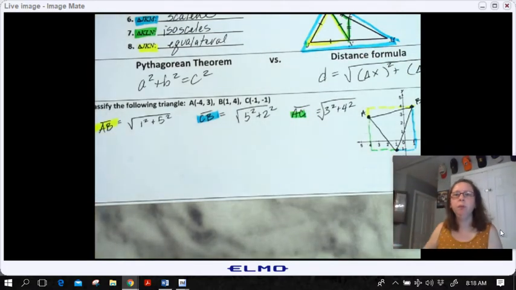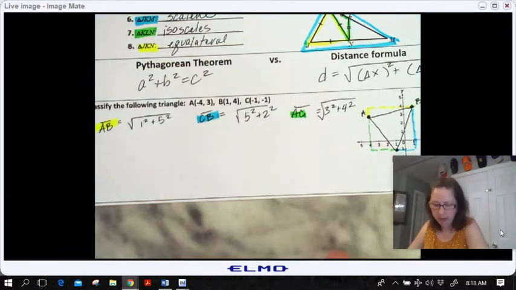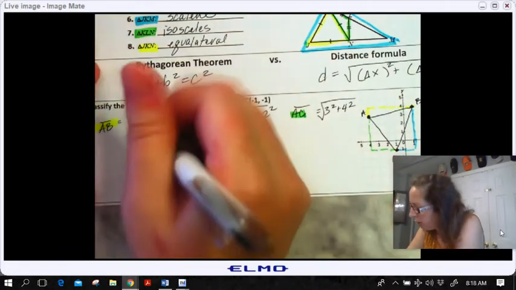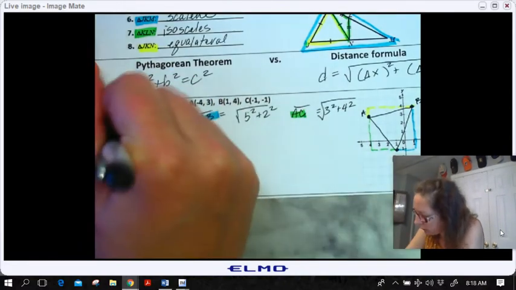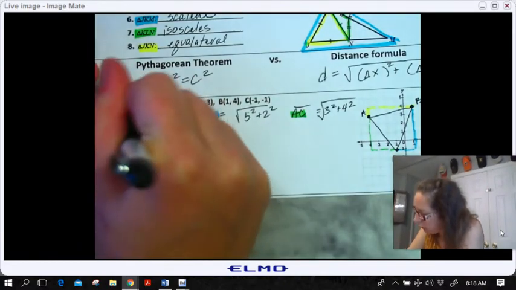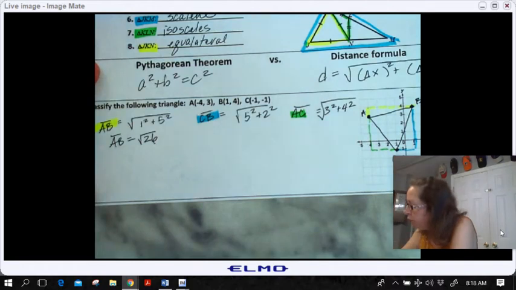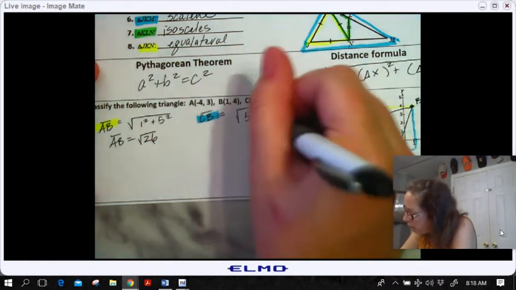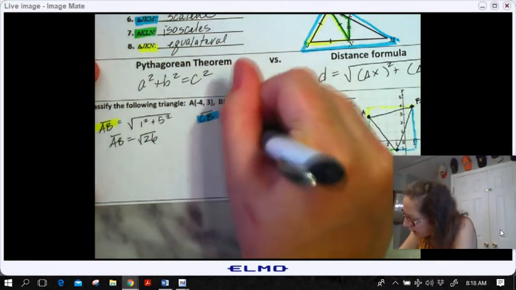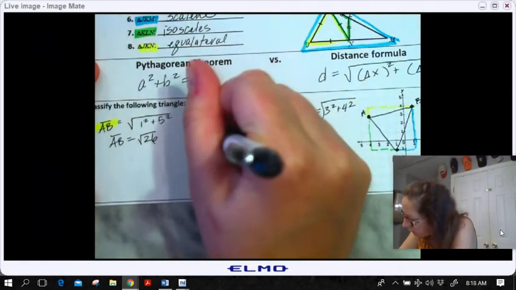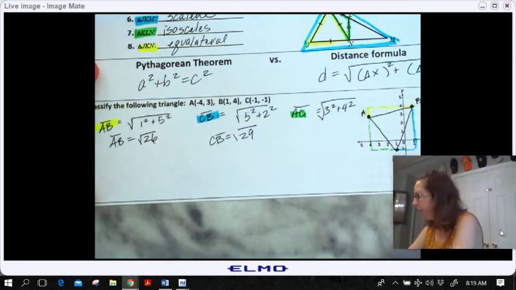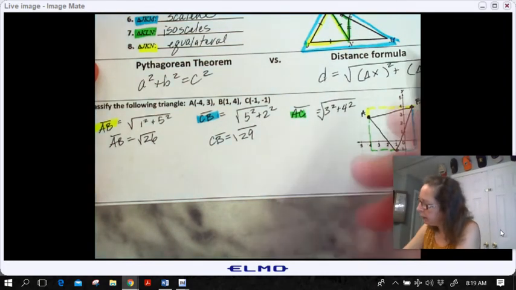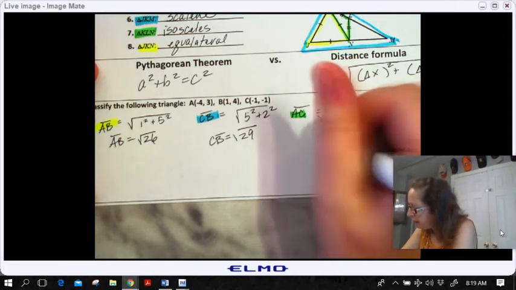So now it's just simplifying all of these, okay? 1 squared and 5 squared is the square root of 26. 5 squared and 2 squared, that's 25 and 4, that's 29. And then 3 squared is 9, plus 4 squared is 16.